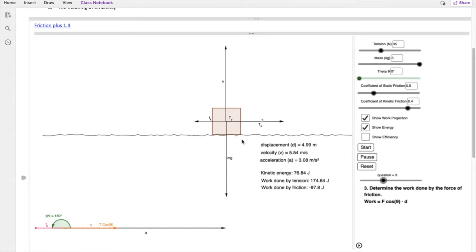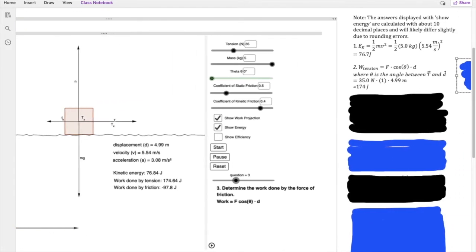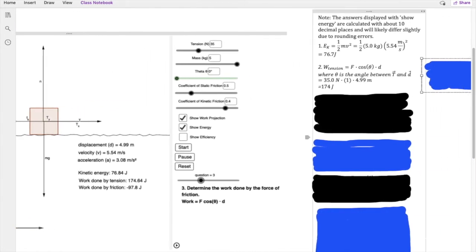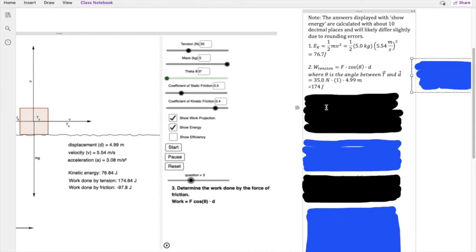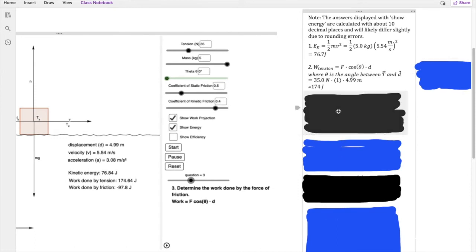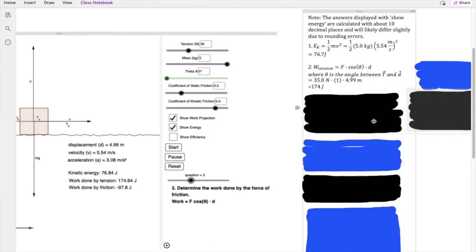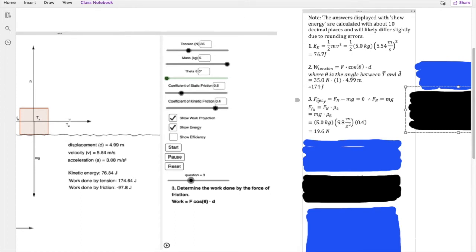All right, assuming that you've attempted that yourself, we're now going to calculate the force of friction, because obviously we need that to calculate the work done by the force of friction. First things first, we have our F net equation for the y component acting on this block.